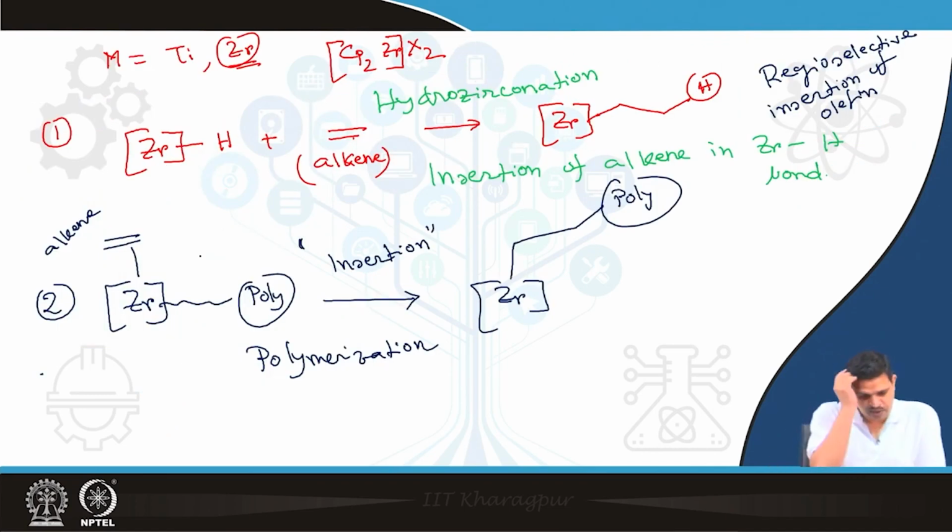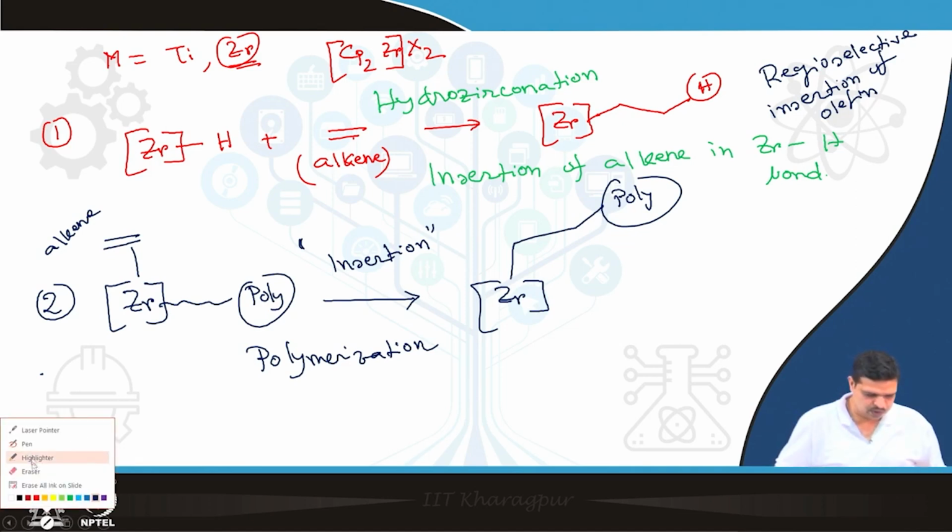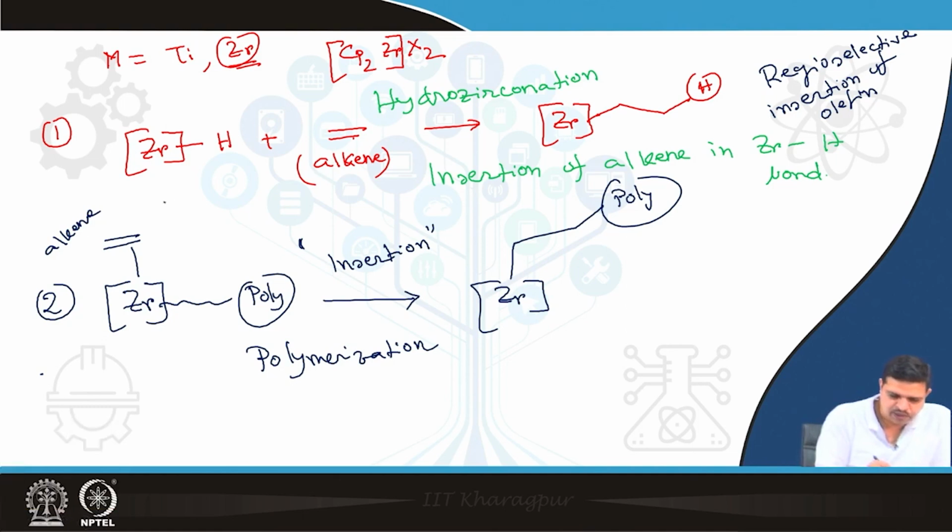Here you will see that as it has empty orbitals, it can coordinate with the alkene which has pi electrons, and it can act as a pi acceptor.